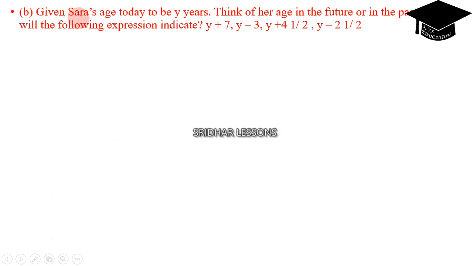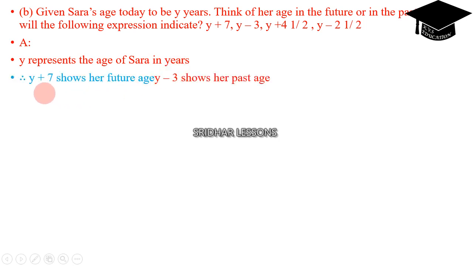Next question. Given Sarah's age today to be y years, think of her age in the future or in the past. What will the following expressions indicate? y plus 7, y minus 3, y plus 4 and a half, y minus 2 and a half. y represents Sarah's age in years. y plus 7 shows her future age and y minus 3 shows her past age.